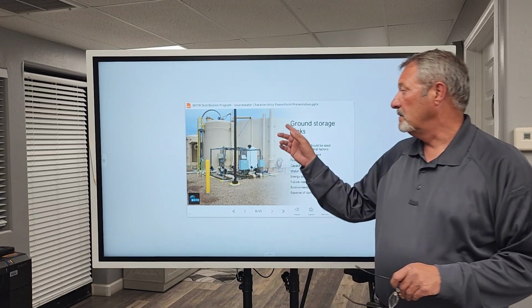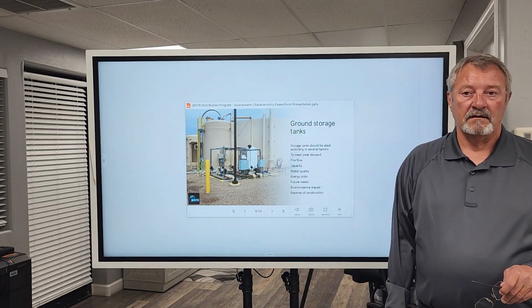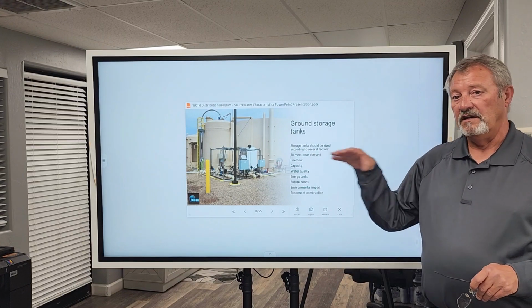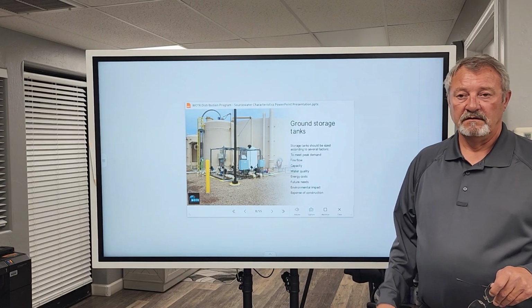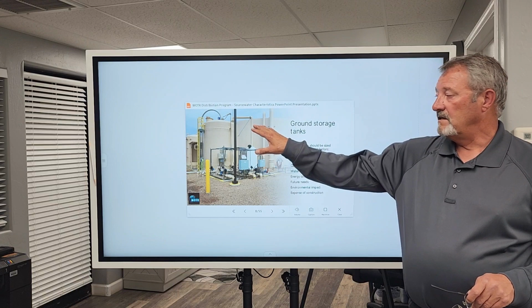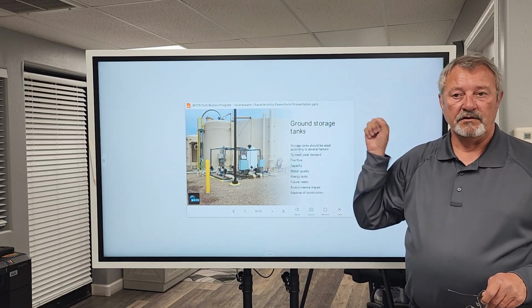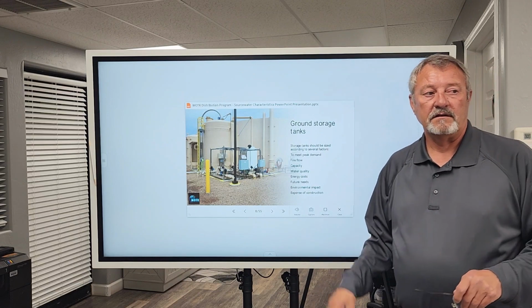Maybe you need to build another ground storage tank. Maybe you need to develop another well. Maybe you need another booster pump station to take the water from that new ground storage tank that's getting water from the newly developed well to send out to your customers.